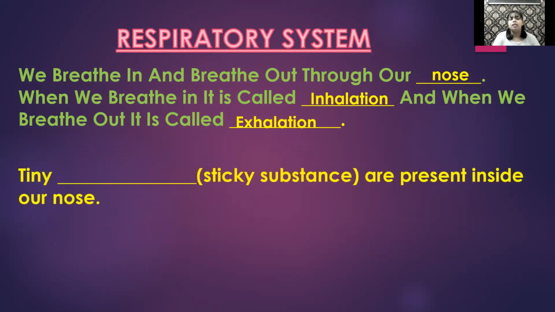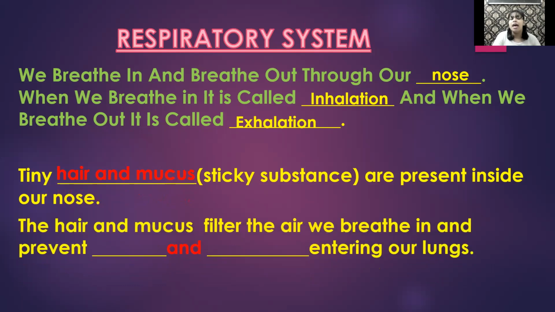The tiny sticky substances present inside our nose are the hair and mucus. The hair and mucus filter the air we breathe in and prevent dust and germs from entering our lungs. Very good, children.